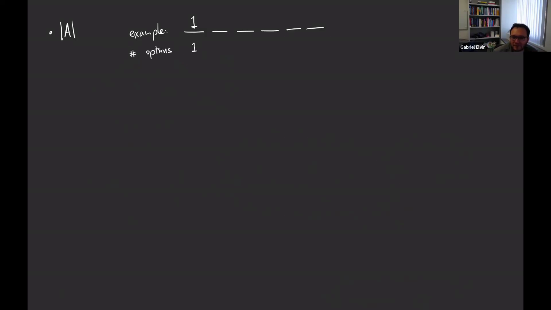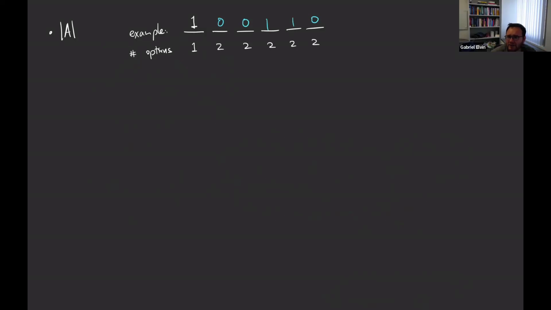We can only put a 1 because it's an A. But for the next ones, any of these could be whatever they want: 0, 0, 1, 1, 0, doesn't matter. I could just pick 0 or 1 for any of the next 5 positions. So for each of these, I have 2 options, 2 options, 2 options, 2 options, 2 options.